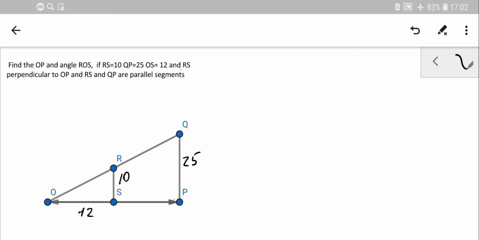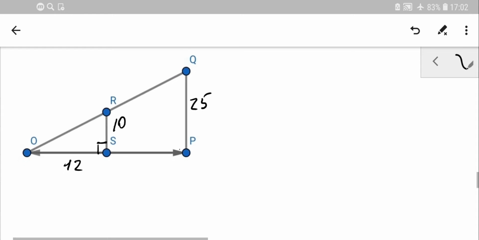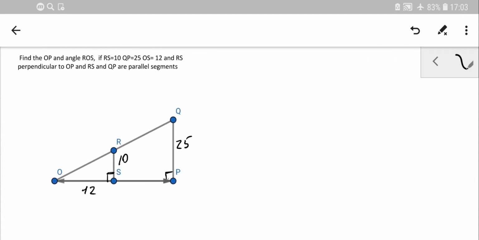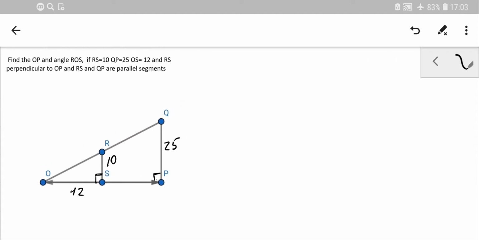Next, we know that RS is perpendicular to OP, so we put the right angle here. Also RS and QP are parallel segments. For two parallel lines, the angles should be corresponding, so they're the same. So we put 90 degrees here. Now everything is completed, so let's go.